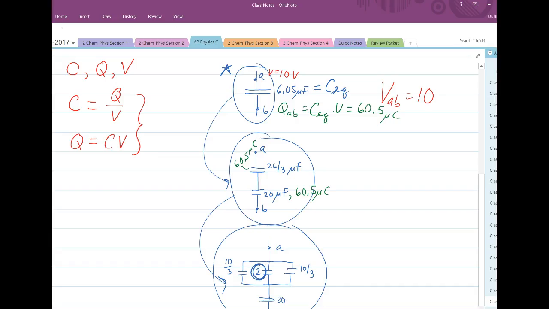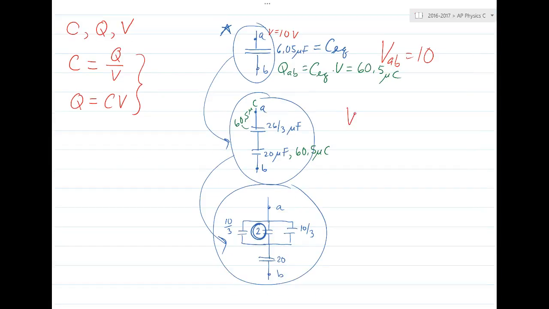And in order to find the voltage in this next step, we have to apply V is equal to Q over C. So if we do that for this one, we get 60.5 microcoulombs over 26/3 microfarads, which is approximately 6.98 volts, give or take with some rounding.